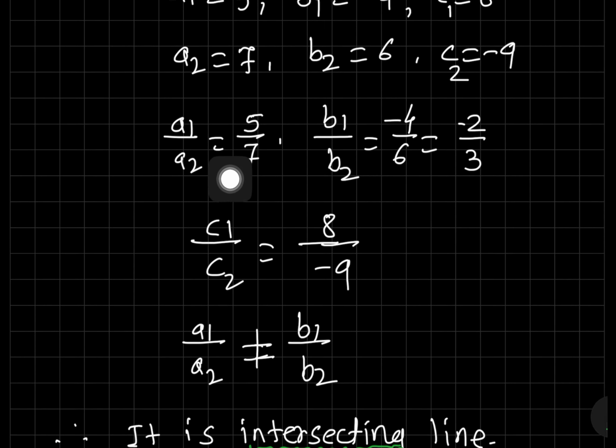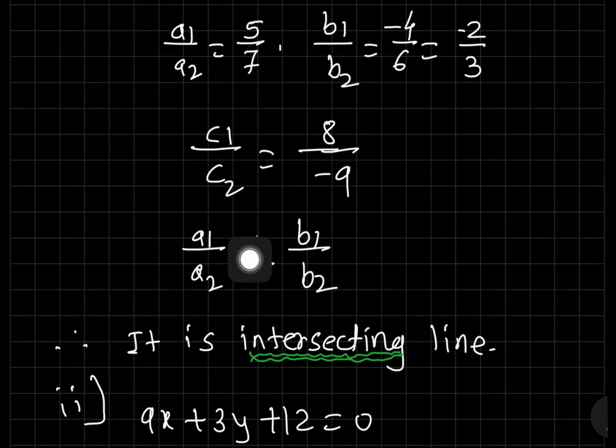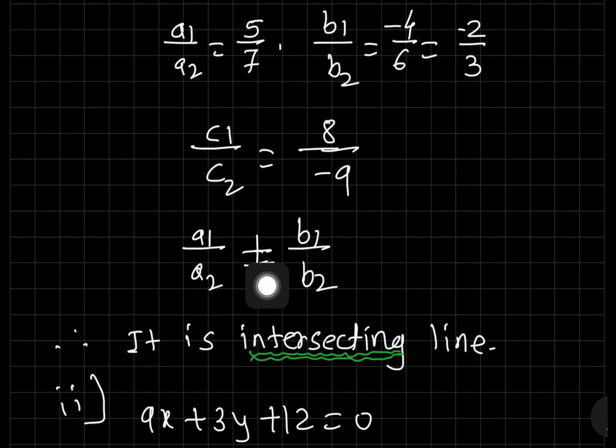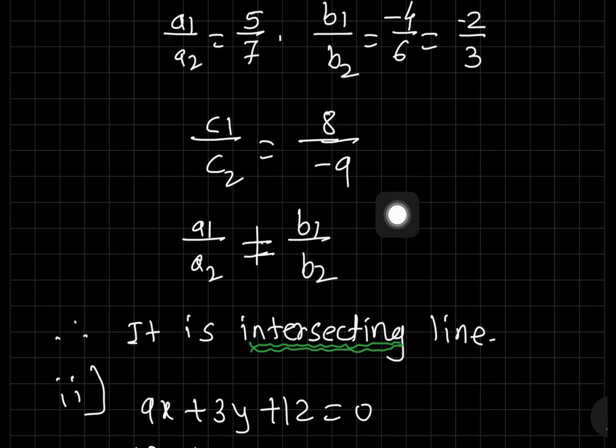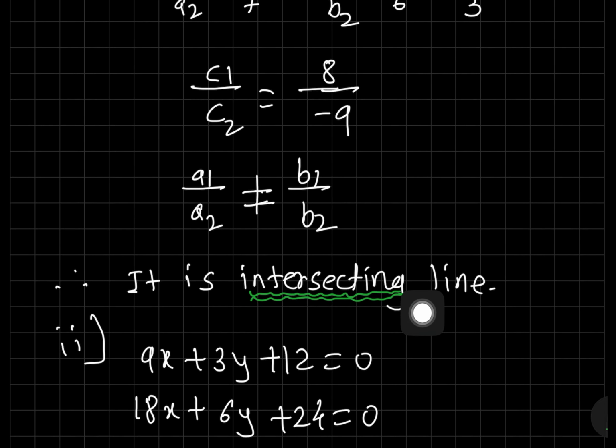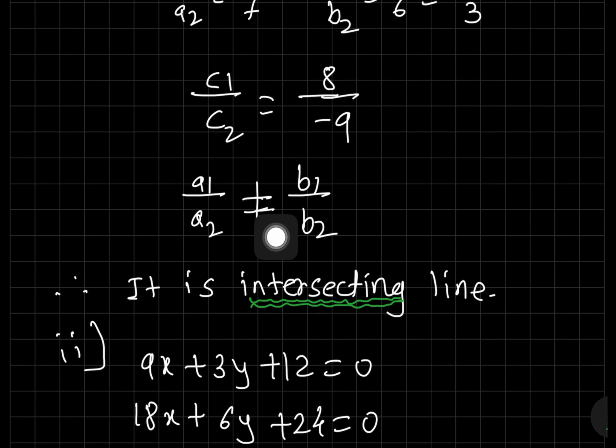Now if you consider this, a1 upon a2 and b1 upon b2 are not equal, so a1 upon a2 is not equal to b1 upon b2. If they are not equal, then these lines are intersecting lines. We have to write this.